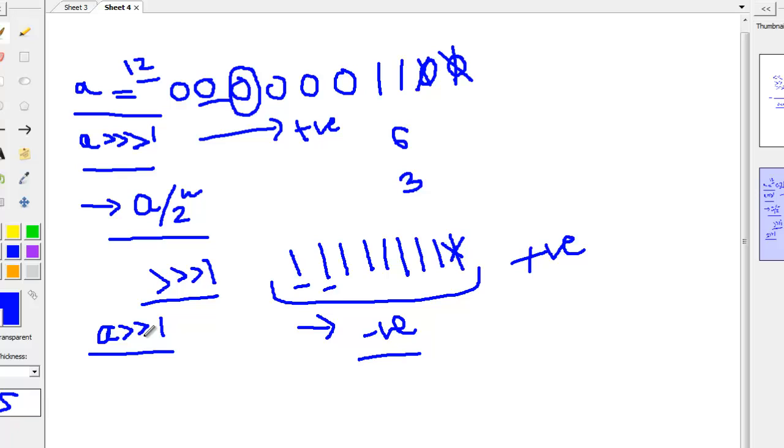In this case, the system keeps in mind the sign of the bit which was in the extreme left, and in the other case the system will not check the extreme left bit, and it will always add a 0. That is why we call this the zero fill right shift operator. So we'll just check whether we get the proper values.